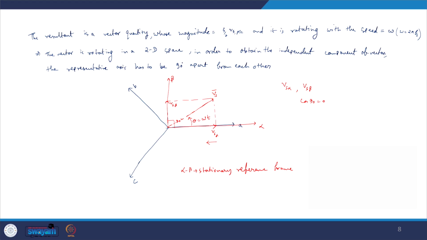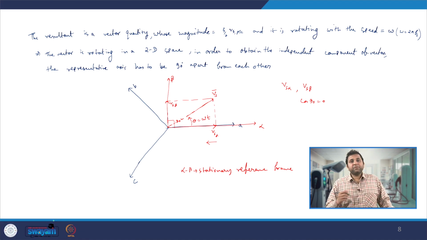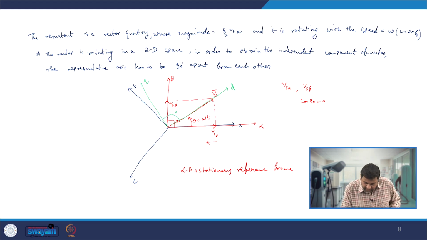Similarly, we can also define another axis frame, whose axes are also 90 degrees from each other, if we want independent control. Let us define one axis such that it is a line across the rotating space vector. So let us say at theta equals omega t, I define my other axis frame with the direct axis, and the perpendicular, which is the quadrature axis, 90 degrees, the q axis.